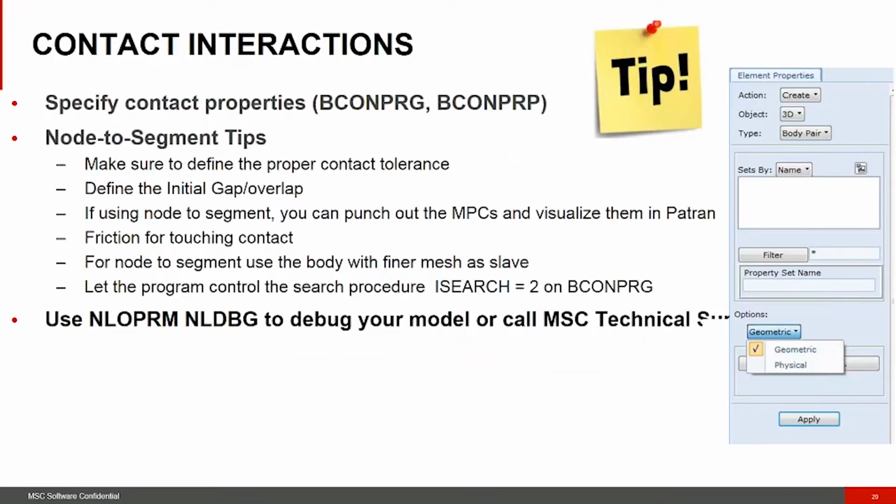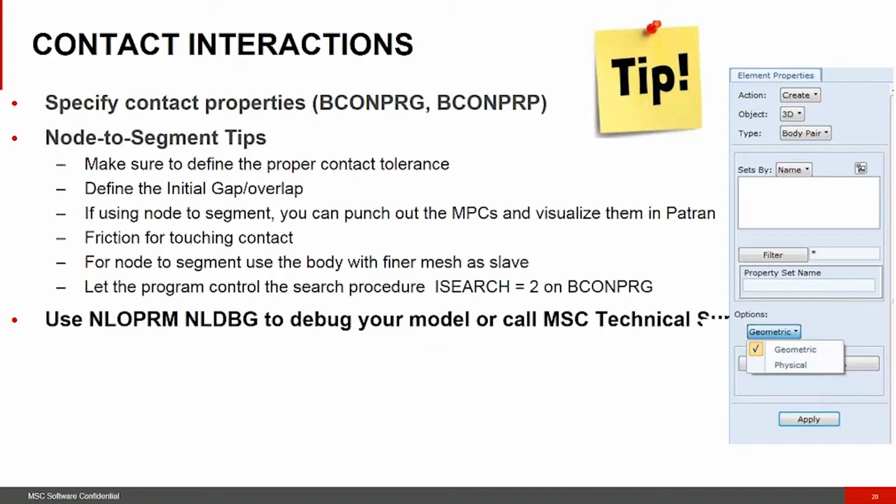Now I want to talk about some tips before specifying the contact, some of the options that you can define for your node-to-segment contact, and I'll show you some of these in Patran as well. Make sure that you define the proper contact tolerance. Again, as you saw in the previous slide, if you don't define the proper tolerance and stick to the default, sometimes it works, but it may not work depending on your model if it's a complex model. So it's important that you do that. And make sure that you define the initial gaps and overlaps.